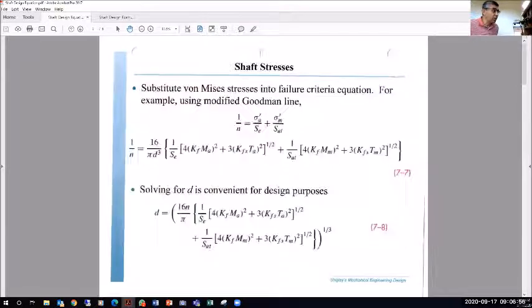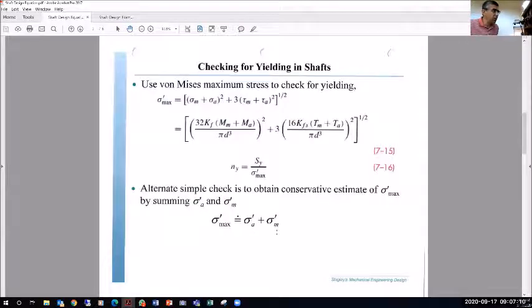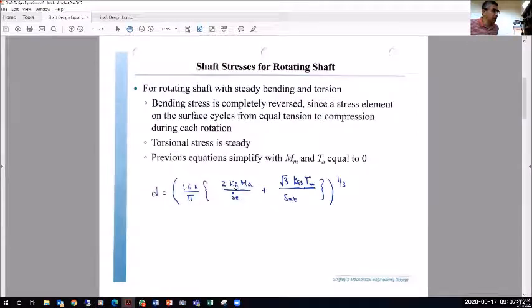Now, how did I come up with this? It's very simple. I know that Ma has a value, Ta is 0, so this entire term is gone. Mm is 0, so this entire term is gone. So I'm only left with Kf Ma and Kfs Tm here, which is what you see here.